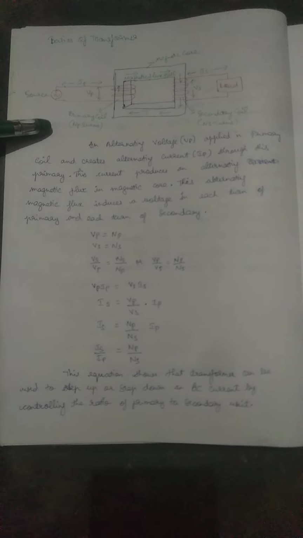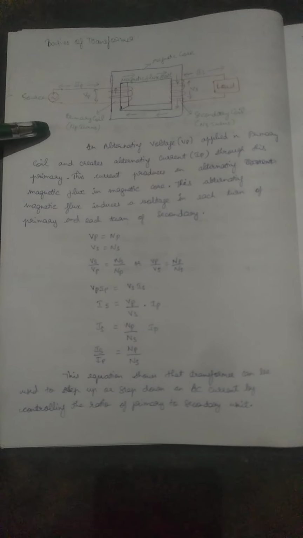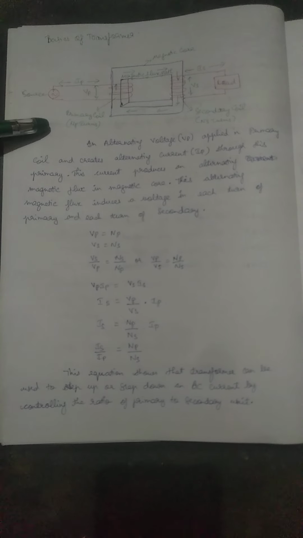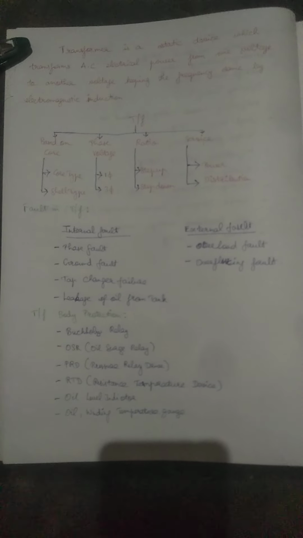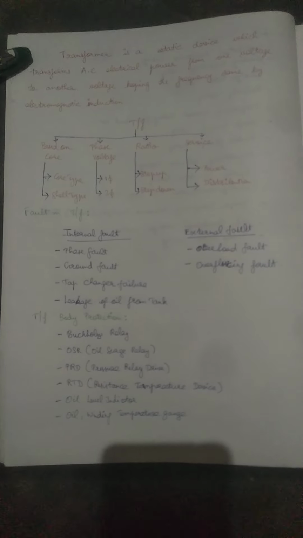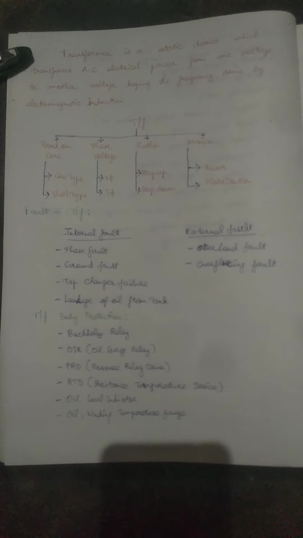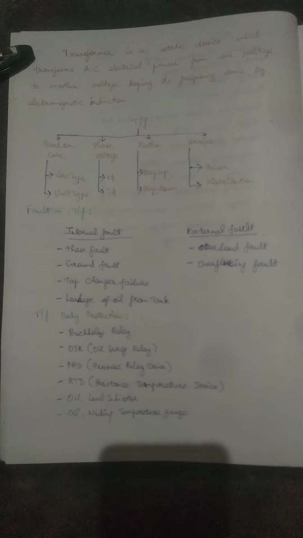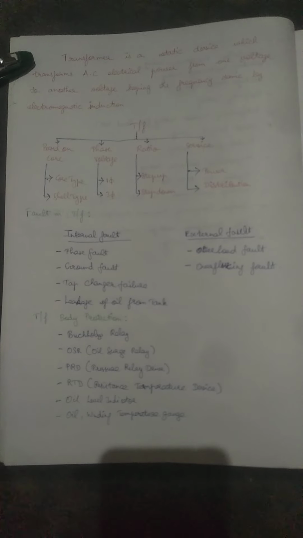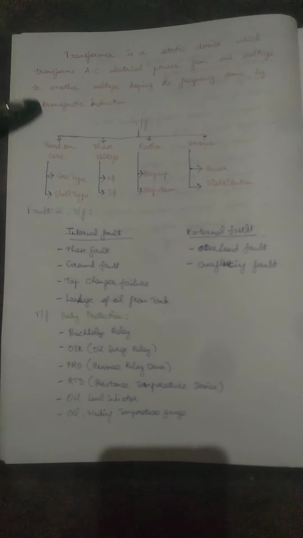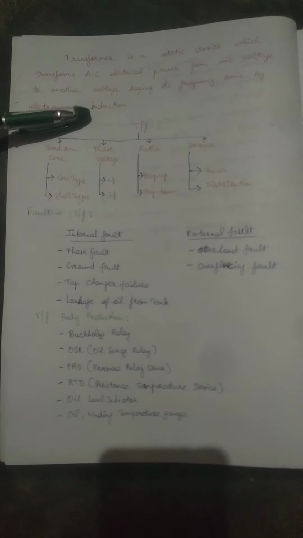So coming to the topic, today we are going to see about the basics of transformer. Normally the transformer is a static device which transfers AC electrical power from one voltage to another voltage, keeping the frequency the same, by electromagnetic induction, which means the transformer works under the principle of electromagnetic induction.